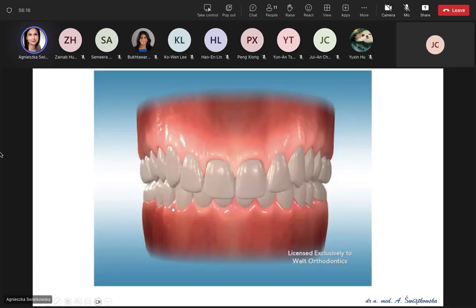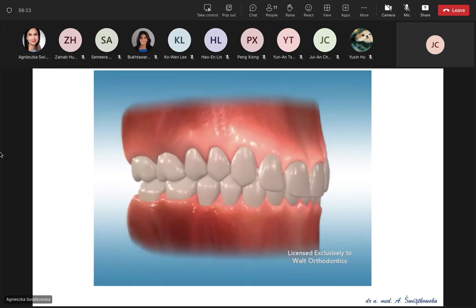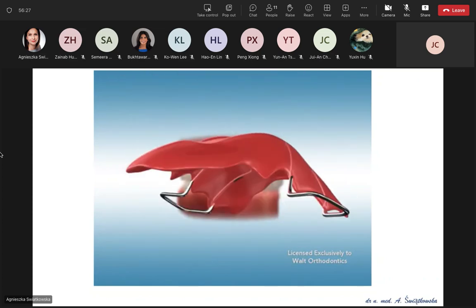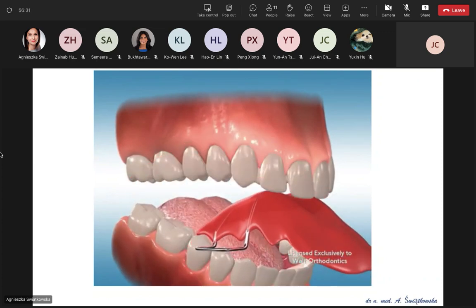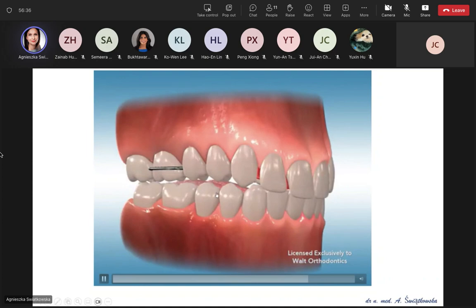And how it works, you can see it here. You see, here is a space.